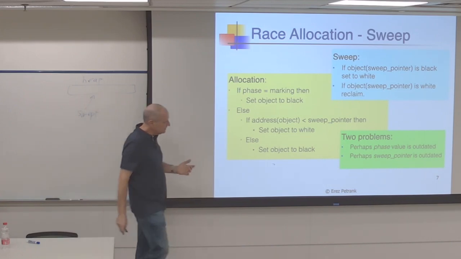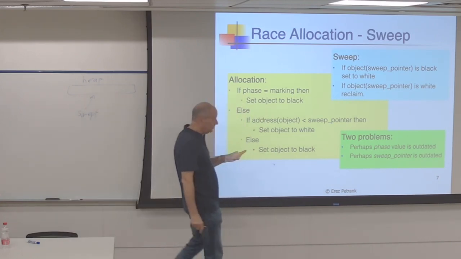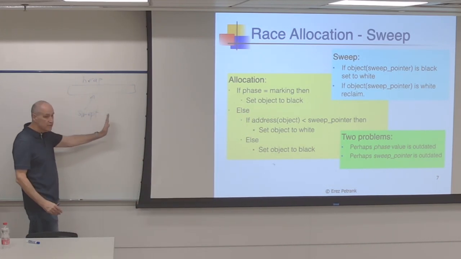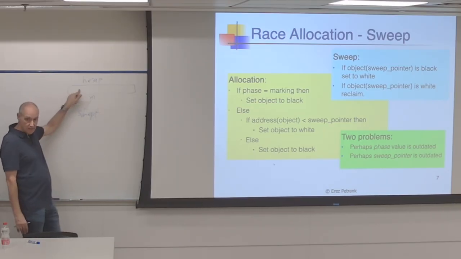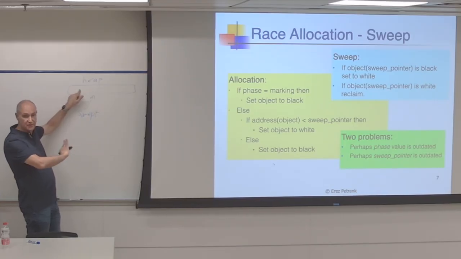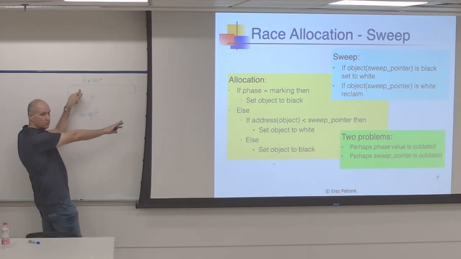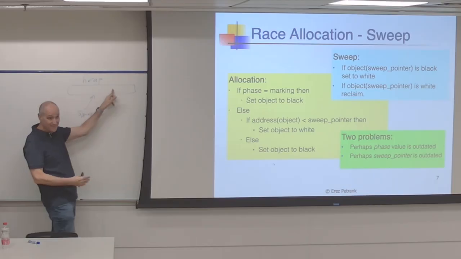And the other thing is that the sweep pointer, this pointer, is advancing. So one thing that we know, if we're here, if sweep has already gone after us, then it will not change. This is stable, right? It's only moving that way. But if we're here, then we don't know.